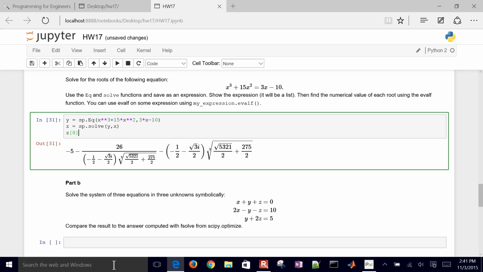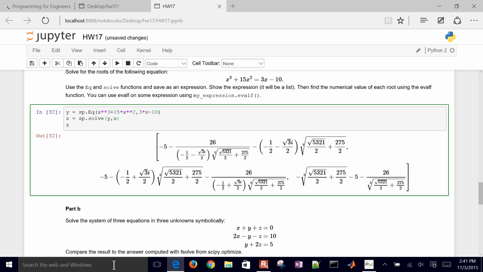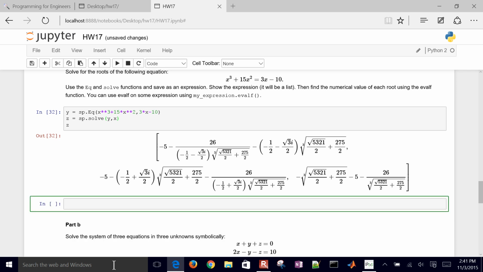But let's say we want to evaluate this. I'm going to insert a cell below here just to separate these two. So we could do something like print z0, the very first element, and we'll evaluate the function.